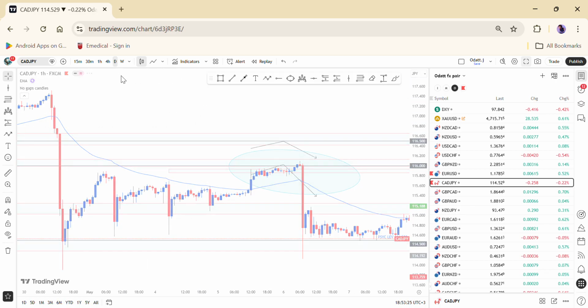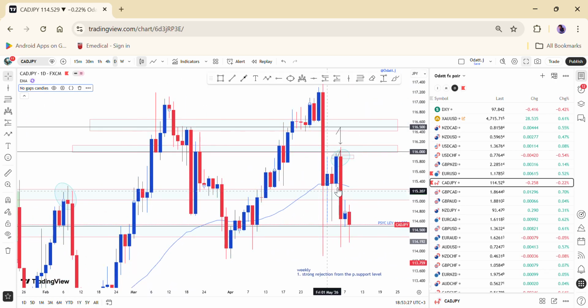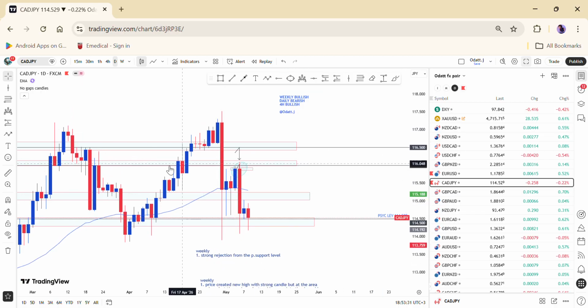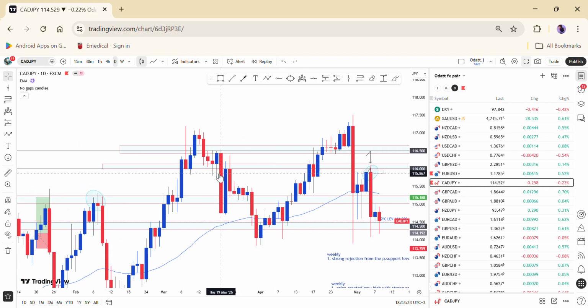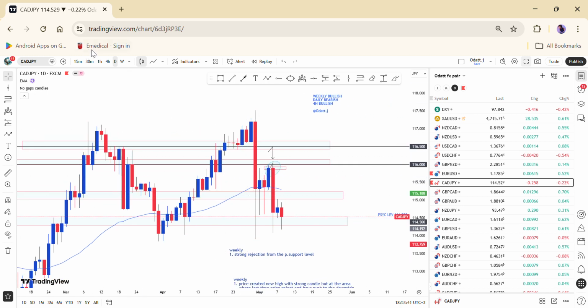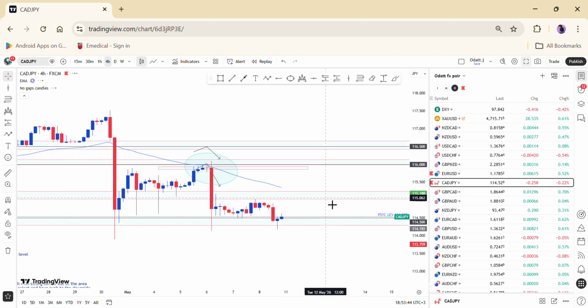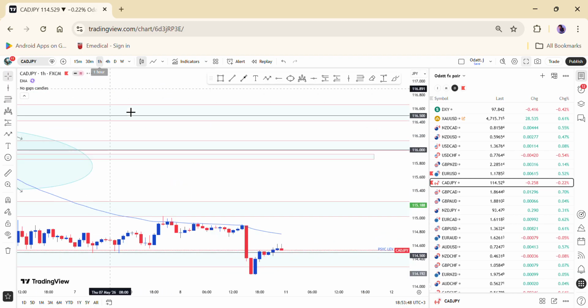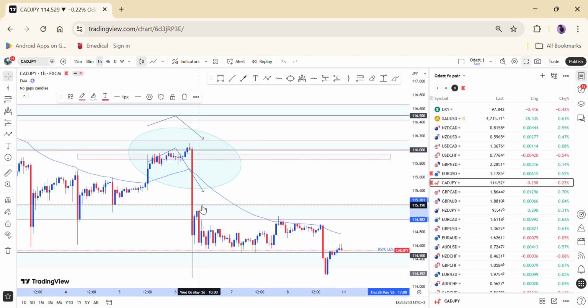The last is CAD JPY. This was a beautiful trade, but didn't provide us with a confirmation in lower time frame. So we have break retest around this area. We can see support, resistance. So price break retest. 4H, we have that doji rejection around this area, but we didn't provide a clear setup on 15 time frame.